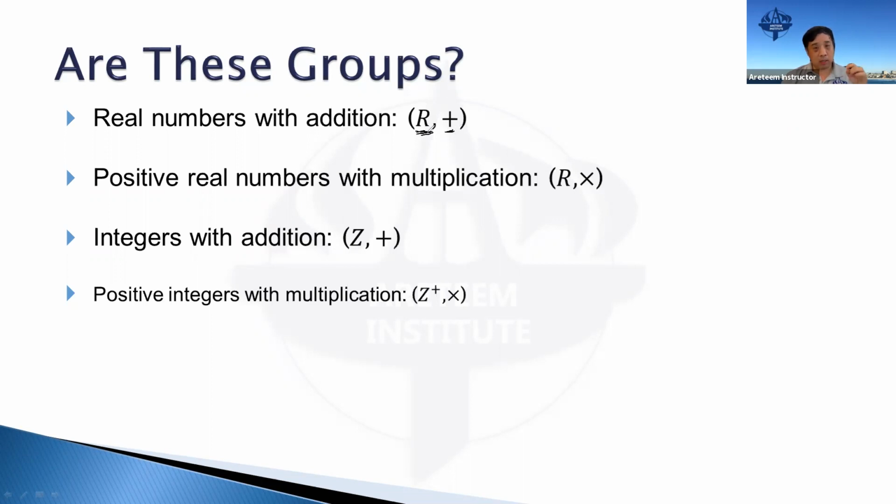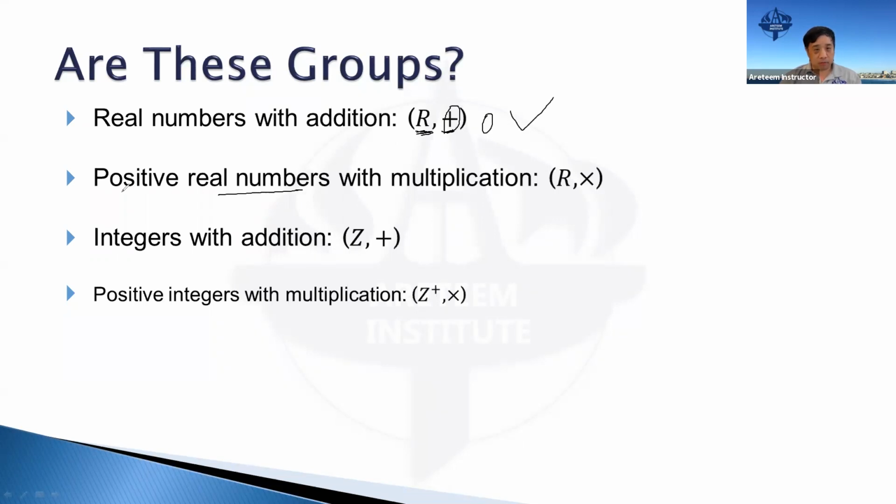Is it associative? Yes. We don't check commutative, we just check associative. Then there's the identity. What is the identity for addition? It's 0, because 0 plus anything is the same number. Does everybody have an inverse? Yes, plus or minus, positive number, negative number. So yes, this is a group.